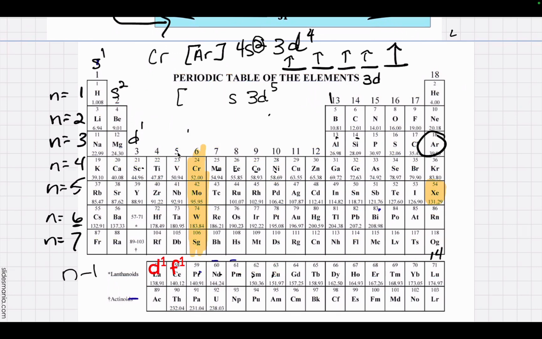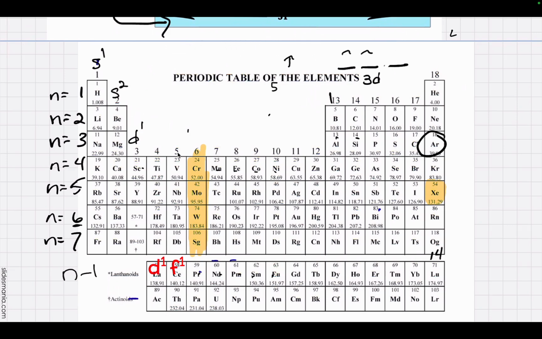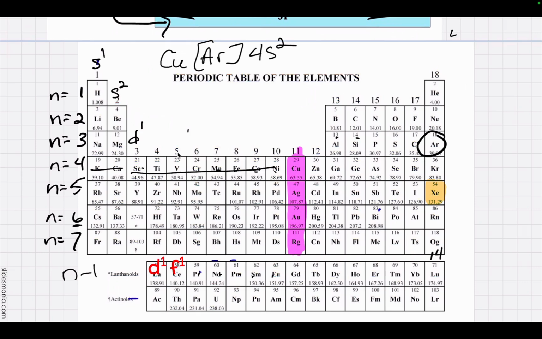Similarly, this very similar thing happens when you're talking about the d orbitals being almost full. So now I'm talking about the copper and silver and gold. Let's do copper. So we would write copper the way we were taught. Copper is going to be argon 4s2 3d9.